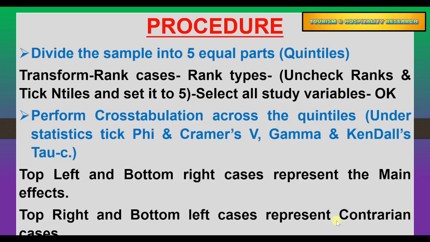Why contrarian cases are important? Because such cases reveal certain insights into why these behaviors are exhibited by some of the respondents. So we shouldn't ignore their responses. And that is why FSQCA includes them in the sample rather than taking them out as outliers in symmetrical techniques like regression and SEM, where we identify the outliers and filter our data.